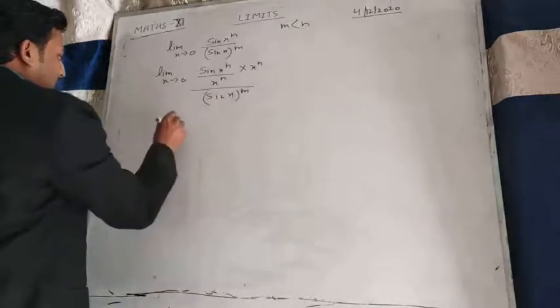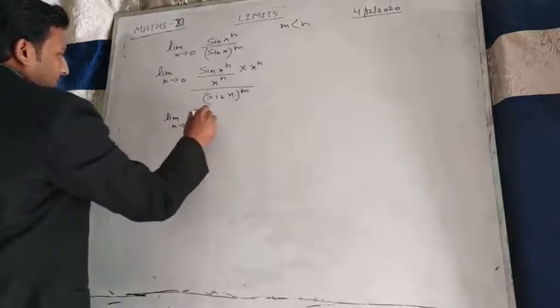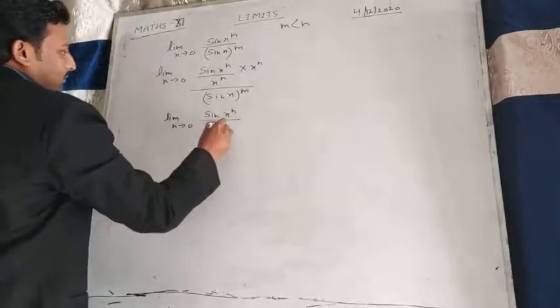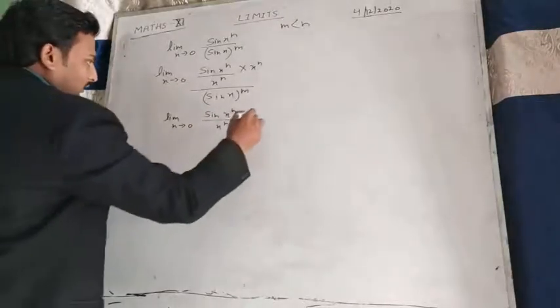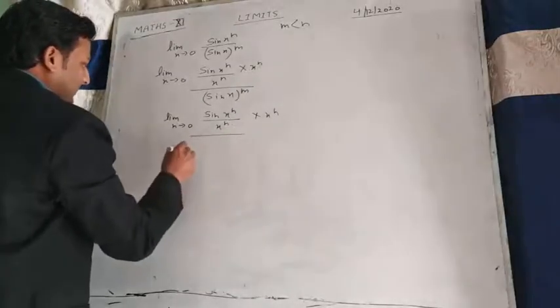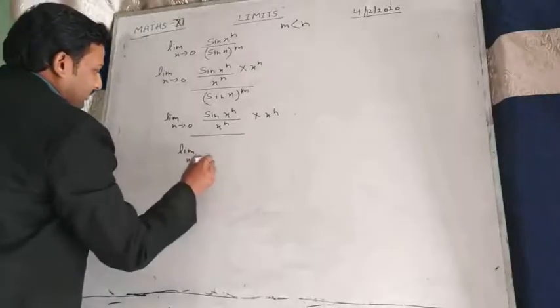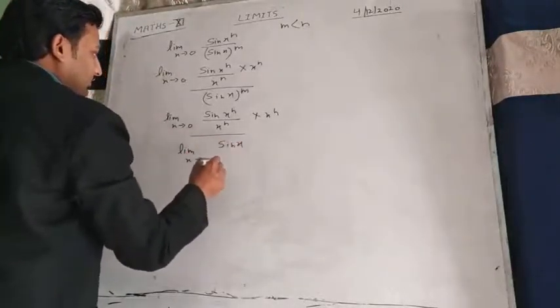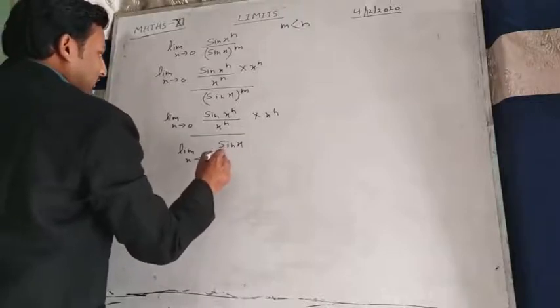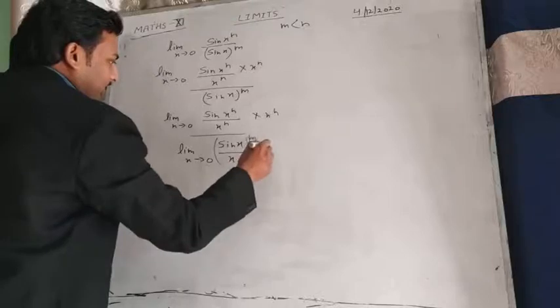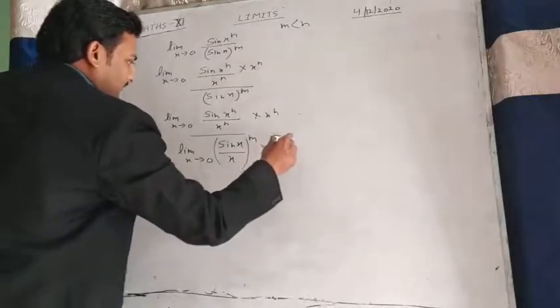So we write limit x tends to 0 of (sin x / x)^n into x^n, and by limit x tends to 0 of (sin x / x)^m into x^m.